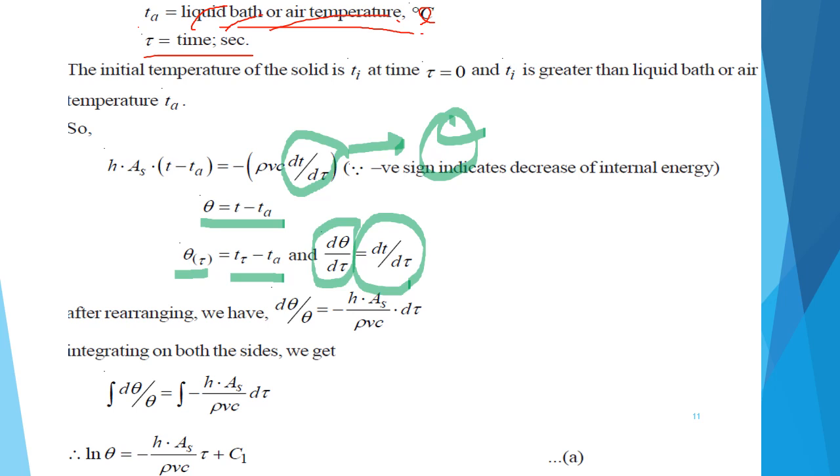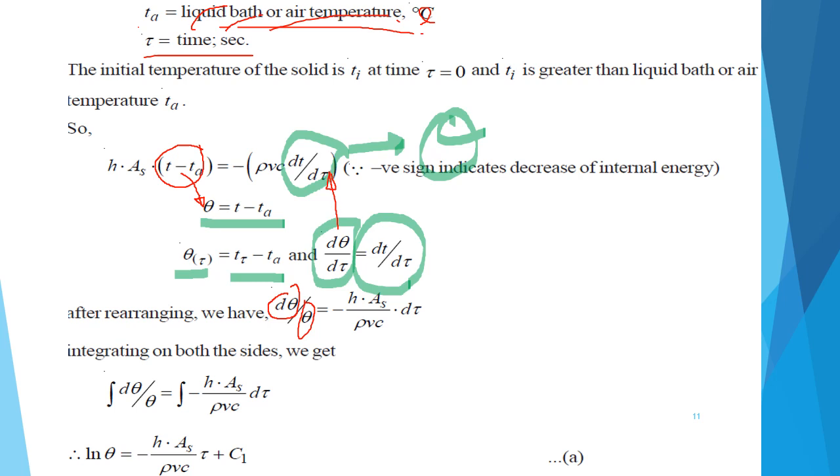So we know that this dT by d tau is d theta by d tau, and T minus Ta is theta. So when I rearrange this, I will get d theta by theta equal to minus hAs divided by rho Vc into d tau.